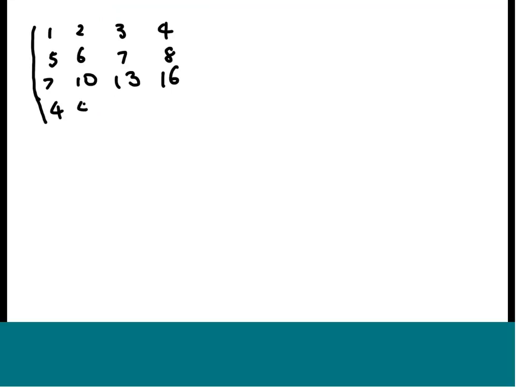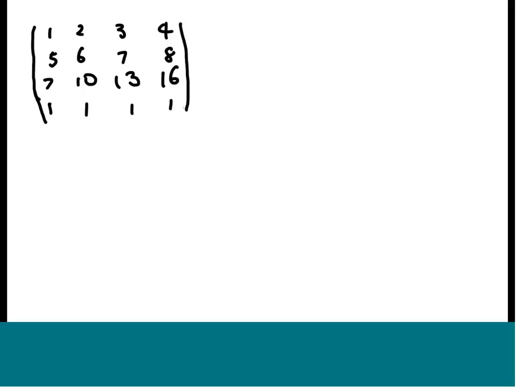Given a matrix for rank, let's say 1, 2, 3, 4, then 5, 6, 7, 8, then 7, 10, 13, 16, then 4, 4, and 4. It's doing simple, okay? So 1, 1.